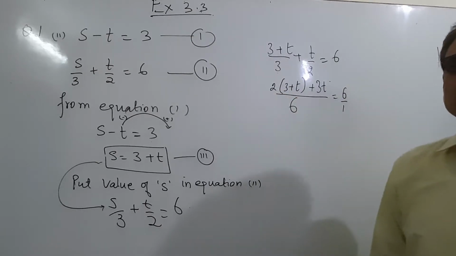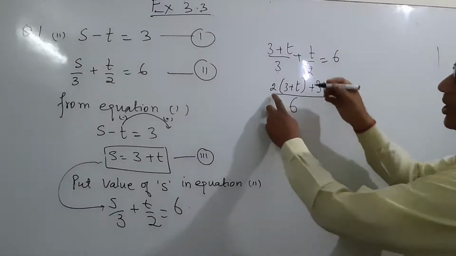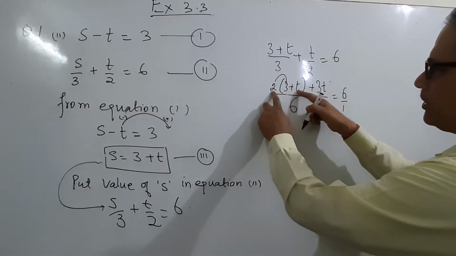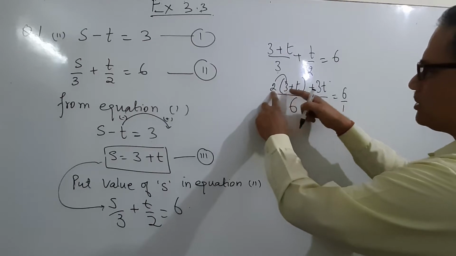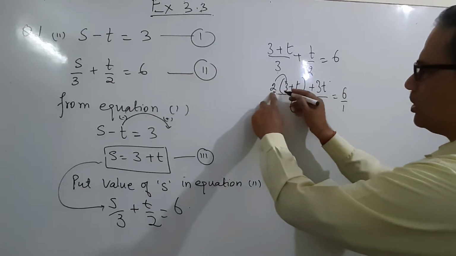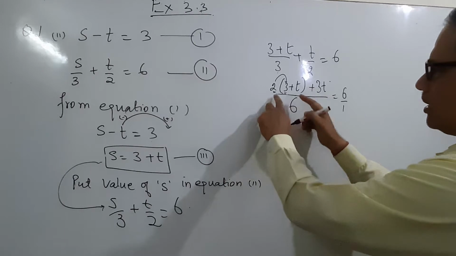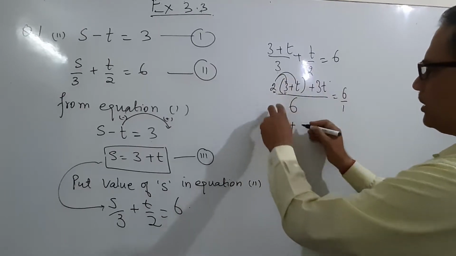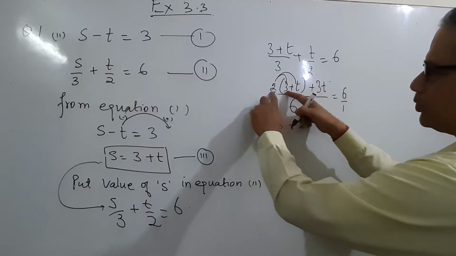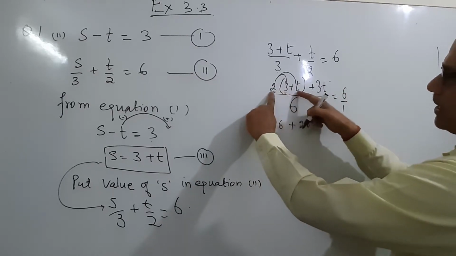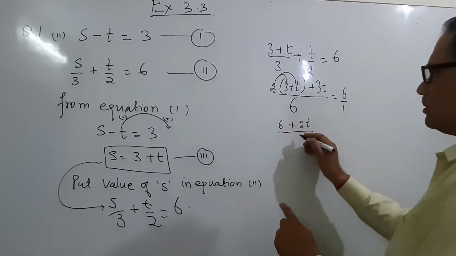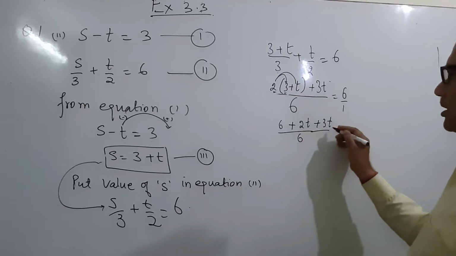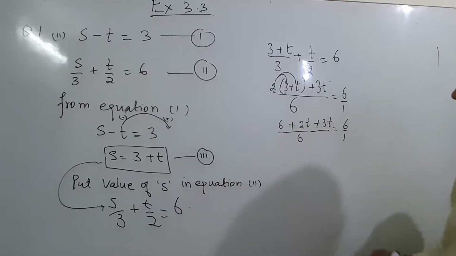And now open the bracket. 2 multiplies 3, which is 6, and 2 multiplies t, which is 2t, plus 3t, upon 6, is equal to 6 upon 1.